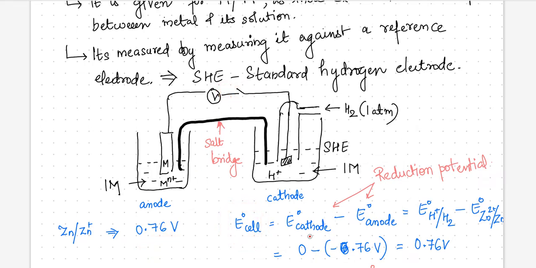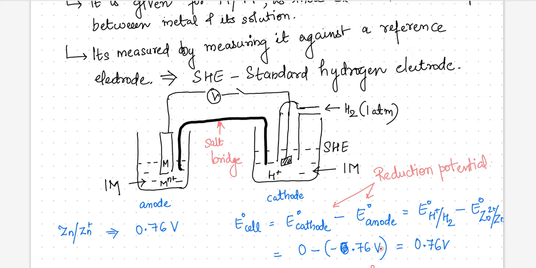And E cathode here, which is this standard hydrogen electrode, I just now told you, we take the reduction potential value for the standard hydrogen electrode to be 0. So if this is 0, in order to get a positive value, the reduction potential for this system should be minus 0.76.